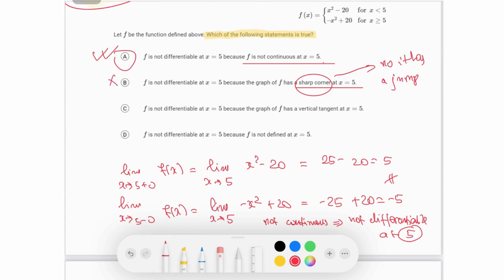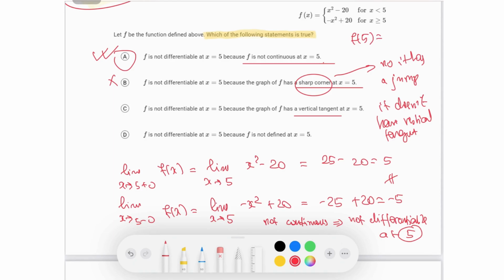F is not differentiable because it has a vertical tangent. No, it doesn't have a vertical tangent. It doesn't have a tangent at all because it is not differentiable. And f is not differentiable because it is not defined at x equals 5. Well, it is defined.